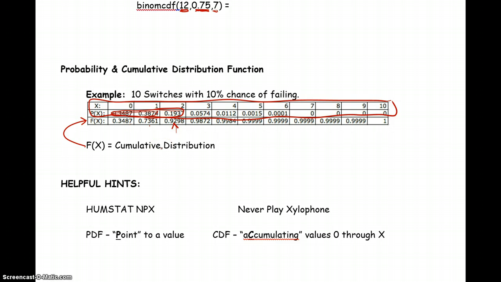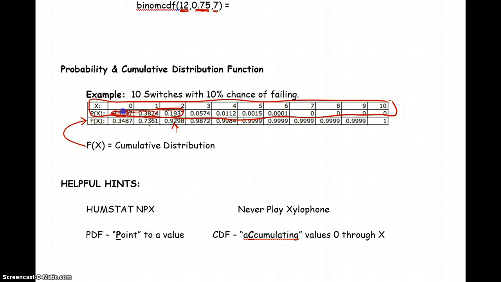So there are 2 ways you could go about that. You could do PDF of every single one of these, and then go back and add them all up as you go and fill it in. Or you could do CDF. If you did CDF for 4, it would give you that number. CDF for 5, it gets you that number. What we know about probabilities is they always need to be between 0 and 1, and they always need to add up to 1.